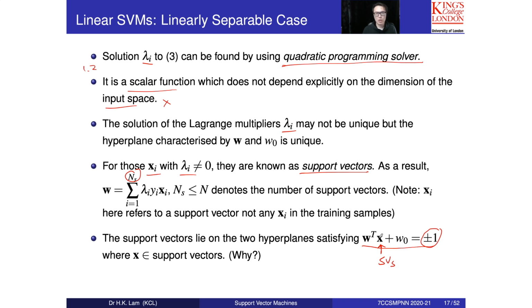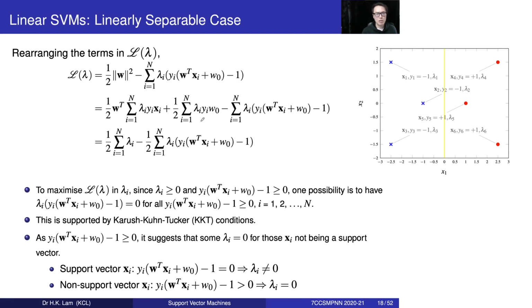Now take a look at this one. I'm going to explain why we obtained the result like that. Because we are going to maximize L with respect to lambda.